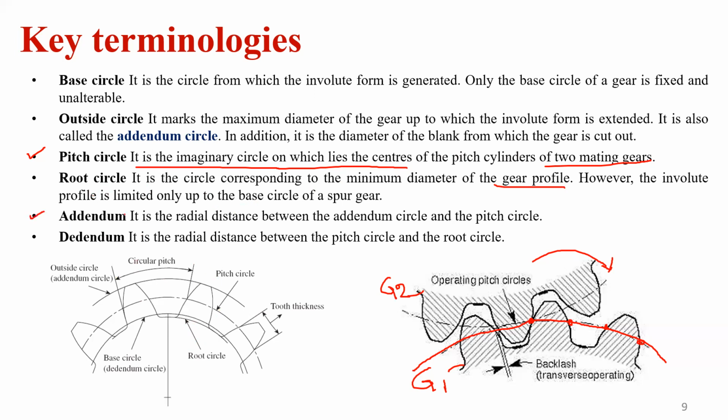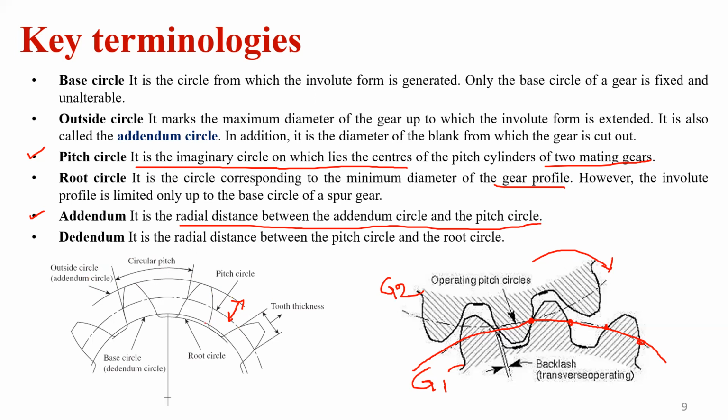And then, what is addendum? The addendum is the radial distance from the outside circle, or addendum circle, to the pitch circle. The radial distance between the addendum circle and the pitch circle is called the addendum.